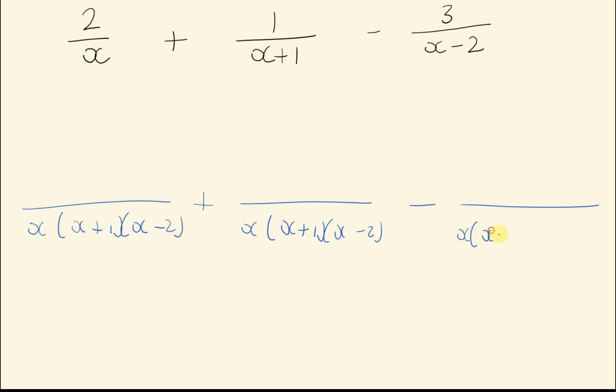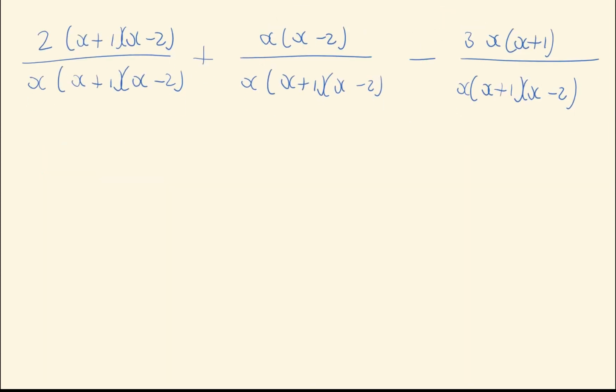So to work out the numerators, we need to add on every single new term. So here it will be 2, and the new terms are x plus 1 and x minus 2. Here the new term is x and x minus 2, and here the new terms are x and x plus 1.